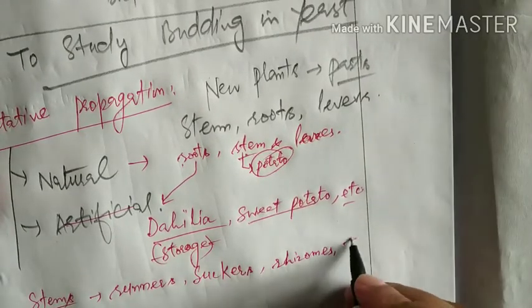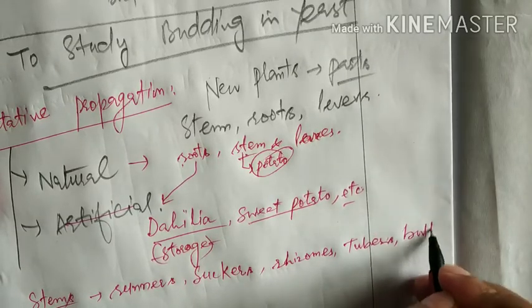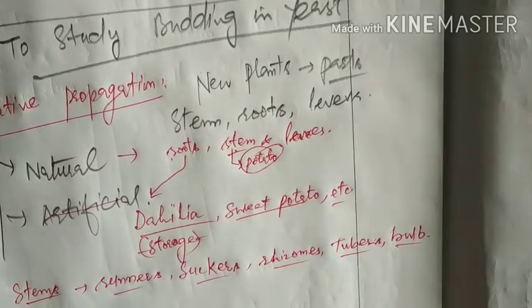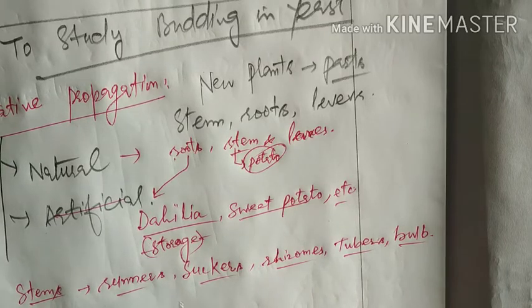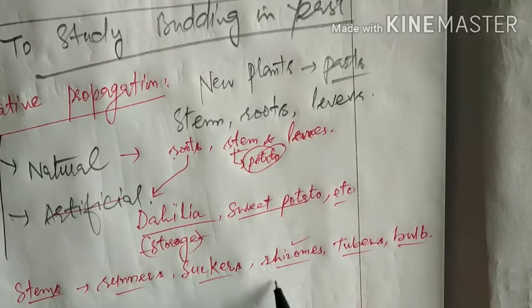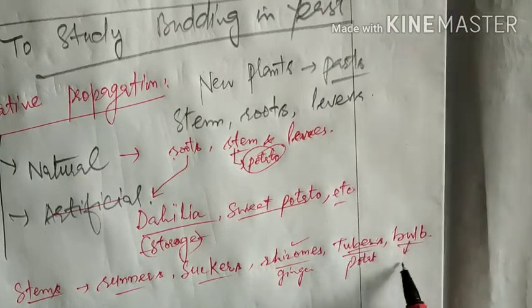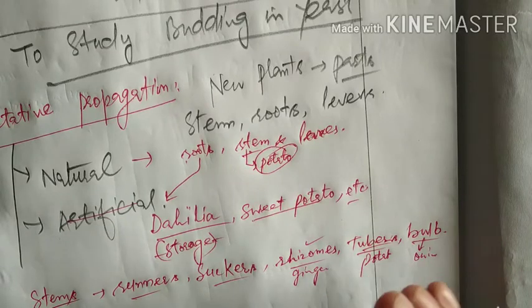Then we have tubers, then we have the bulb. These are all different types of stems which act as vegetative propagules. The best examples: runners, strawberry; suckers we can see somewhere; rhizomes in ginger; tubers in potato; bulb in onion. These are commonly used vegetables in our house.